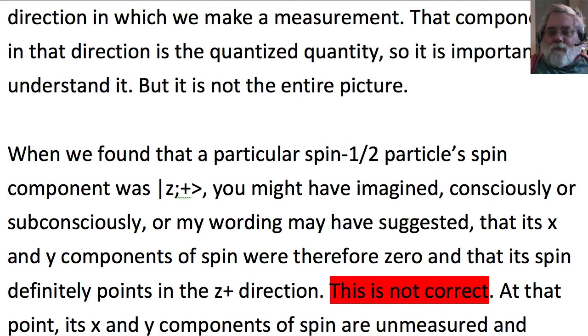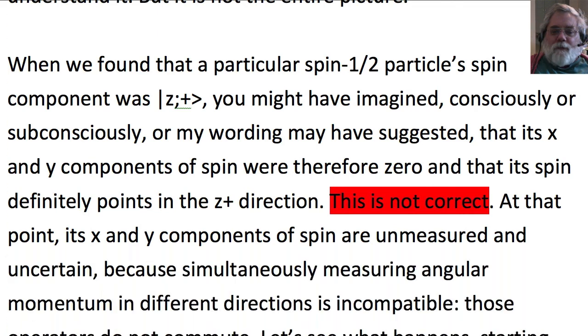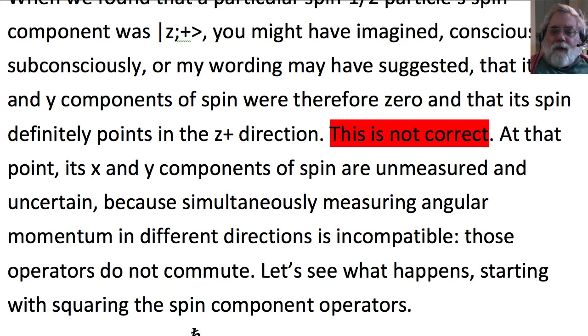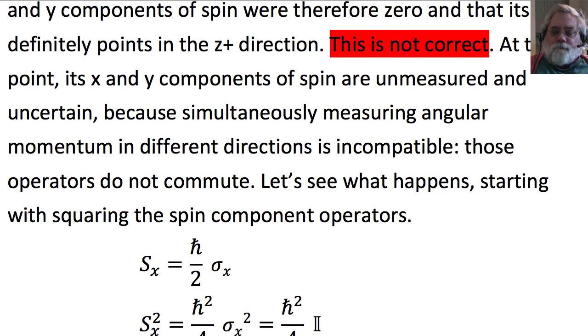This is not correct. At that point, its x and y components of spin are unmeasured and uncertain because simultaneously measuring angular momentum in different directions is incompatible. Those operators do not commute.